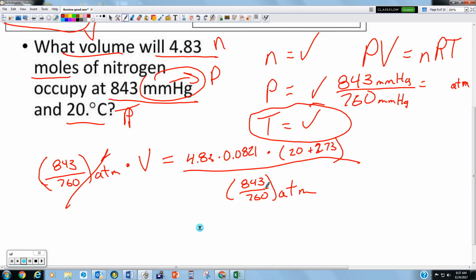It's just you don't have to. 843 divided by 760 is going to be 1 point something. 4.83 is right here. That's my moles. This is my N. This is my R. This is my T. This is my P.